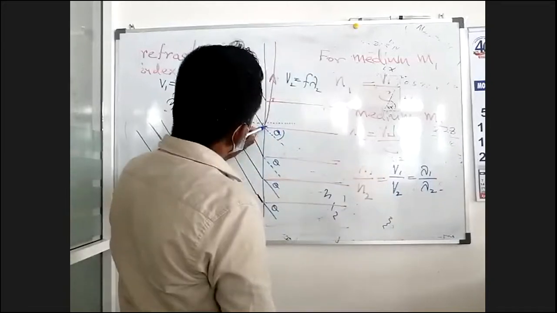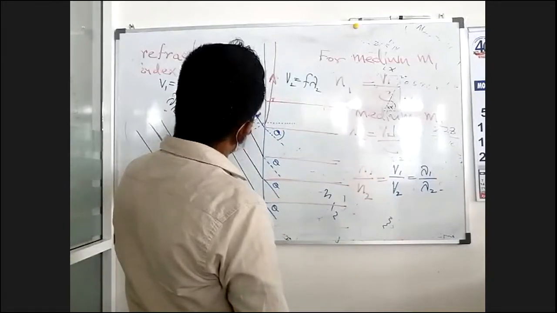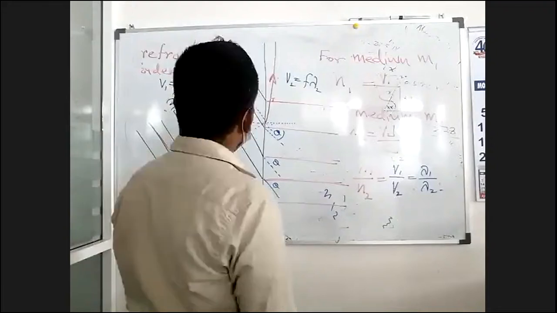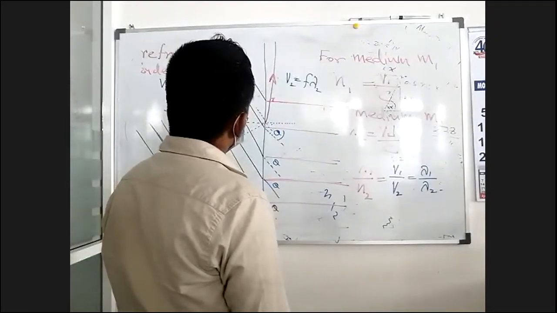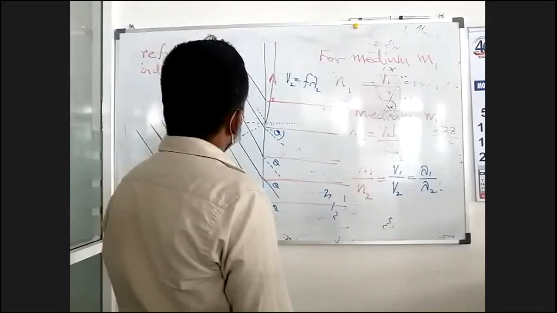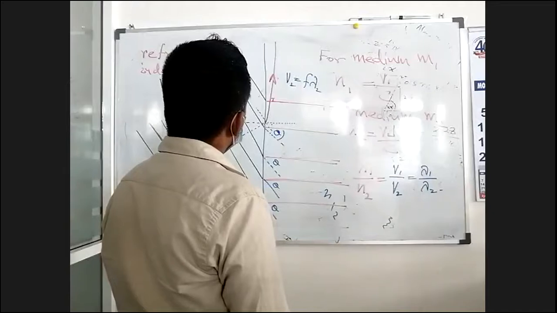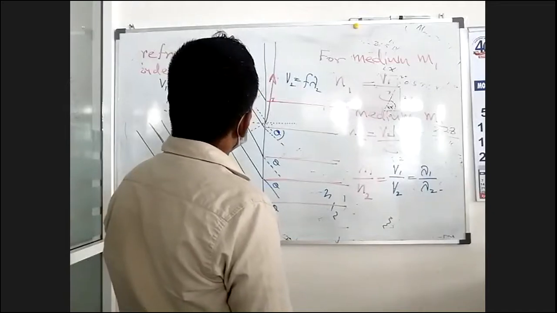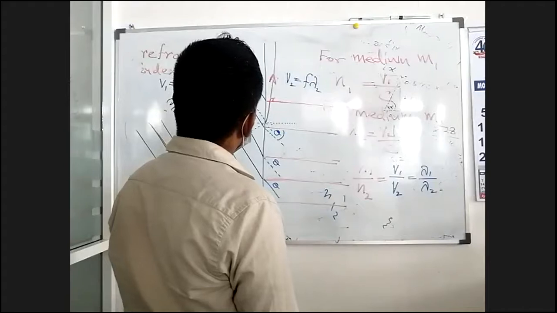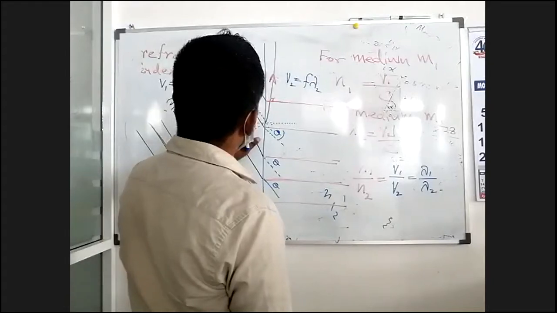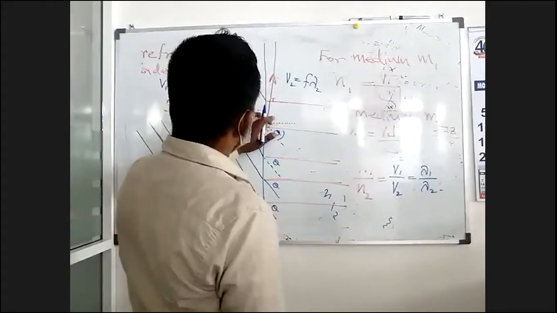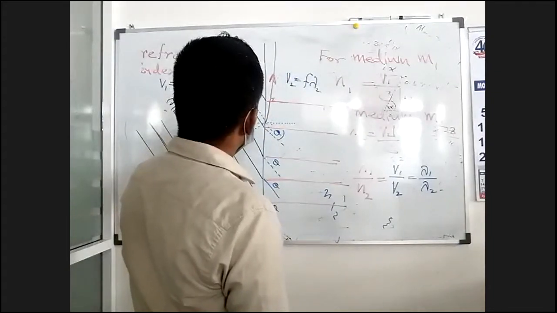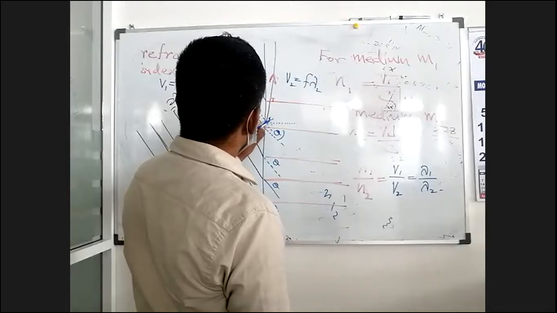So here this angle is the incident angle. This is I and this is alpha.